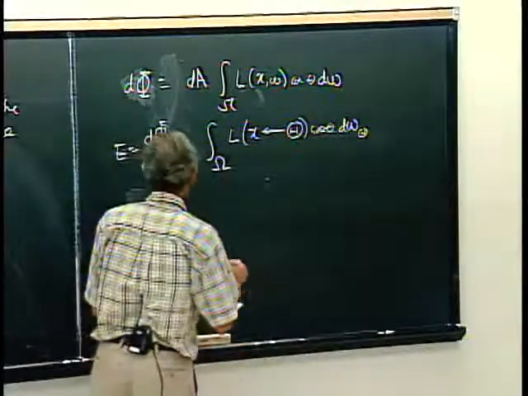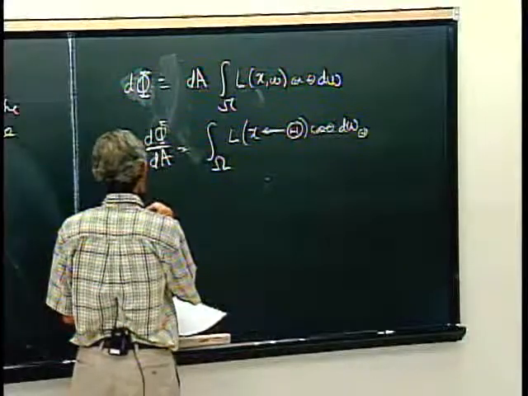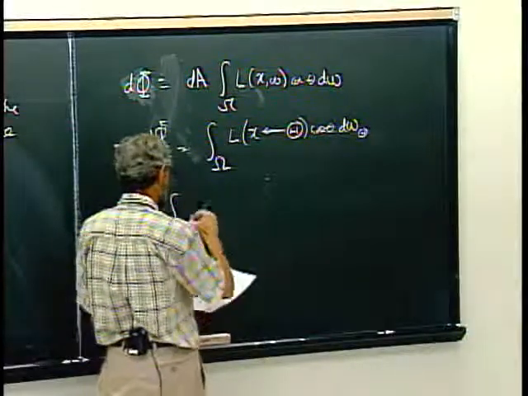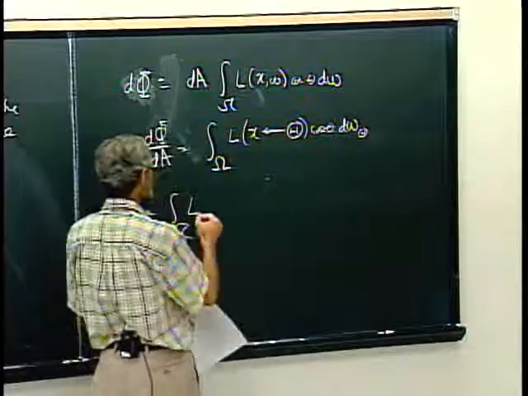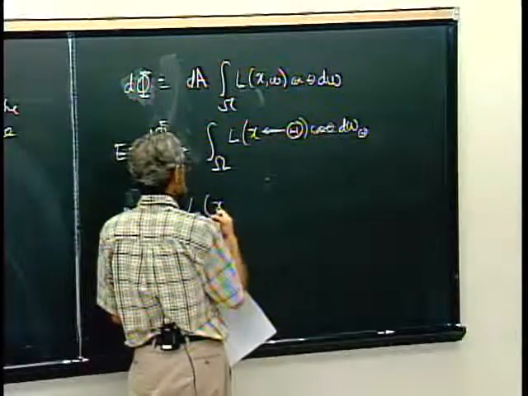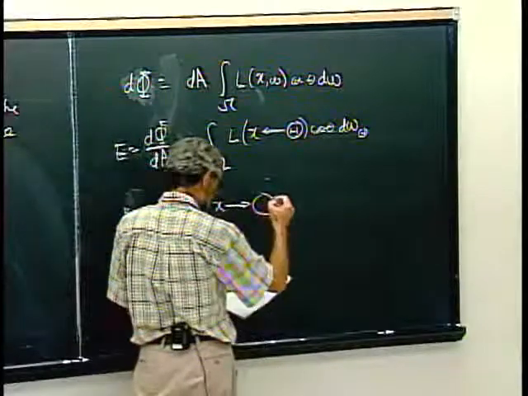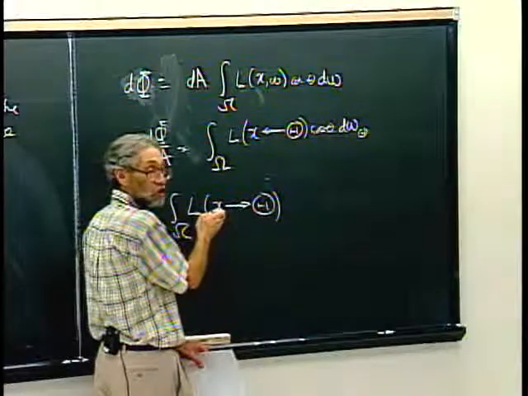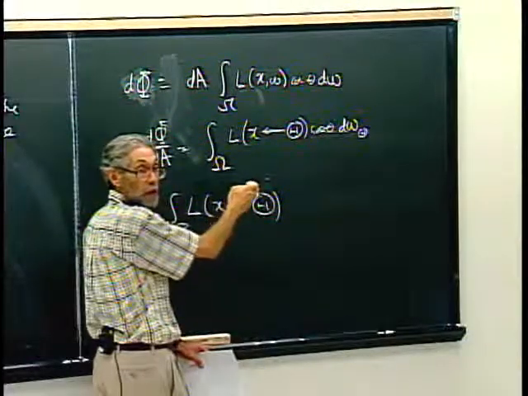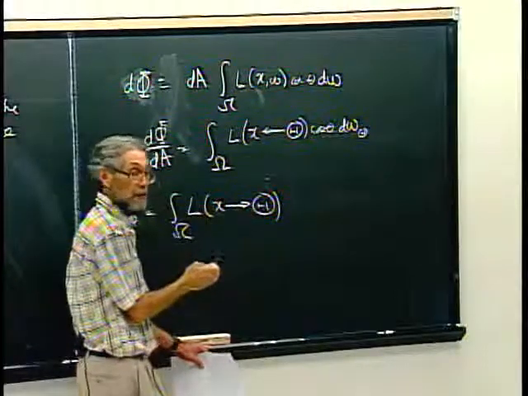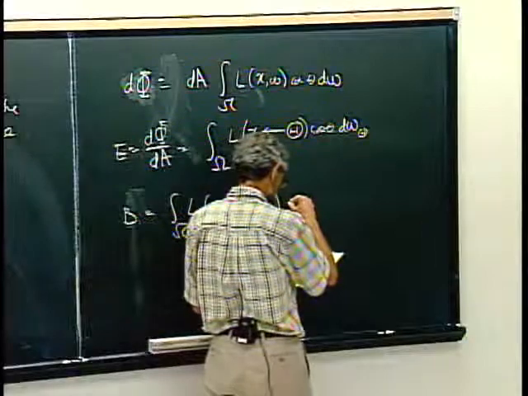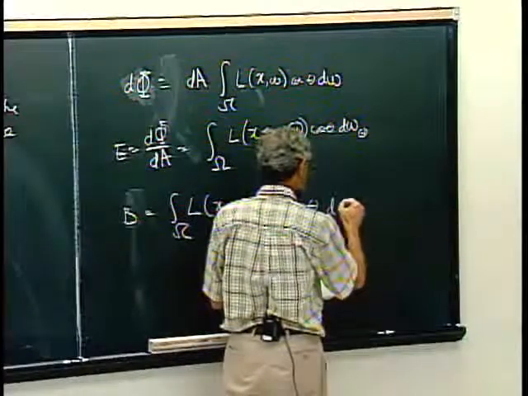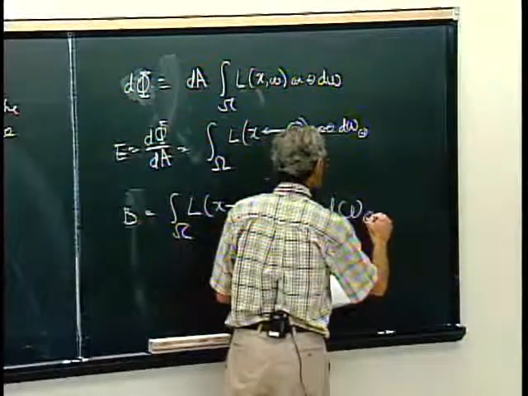Okay, and similarly, we can say the total light leaving a surface at a position is the integral over omega of now the radiance leaving the surface. So if you talk about leaving the surface, we say starting from point X headed in direction theta. So this notation says now the light's actually starting from the point X and going away from the surface. And so that is how bright the surface appears. And now we still have the cosine theta d omega of capital theta.